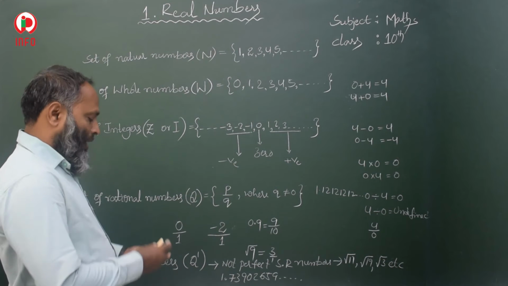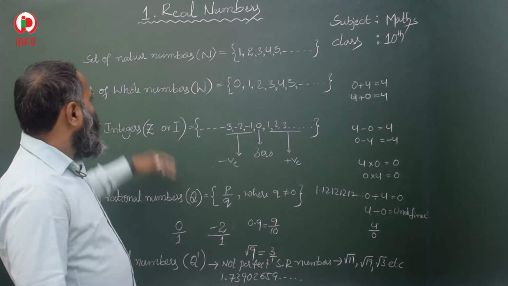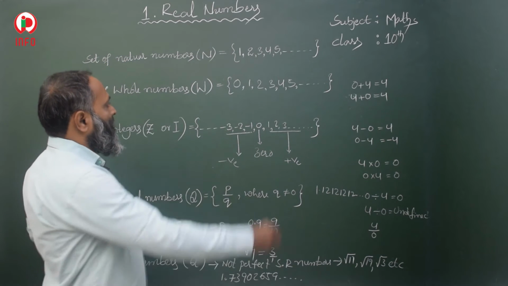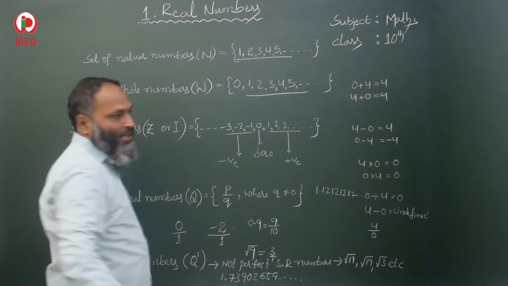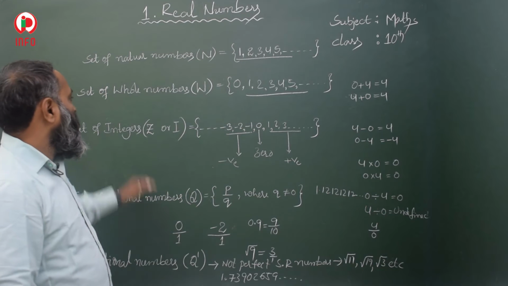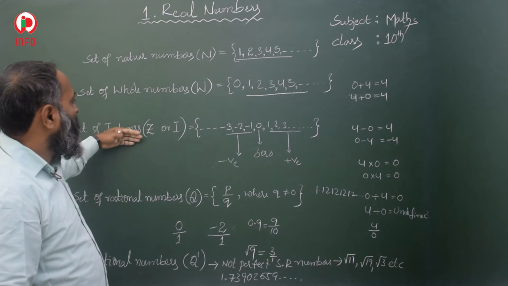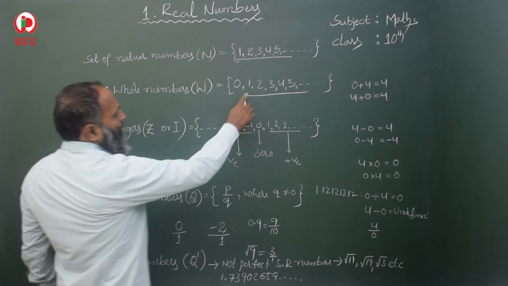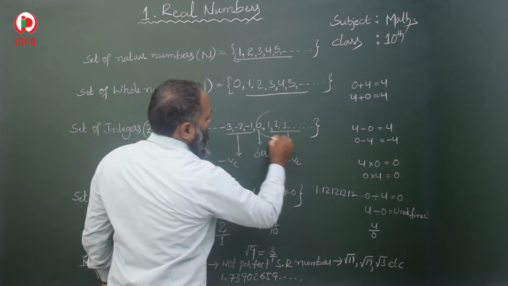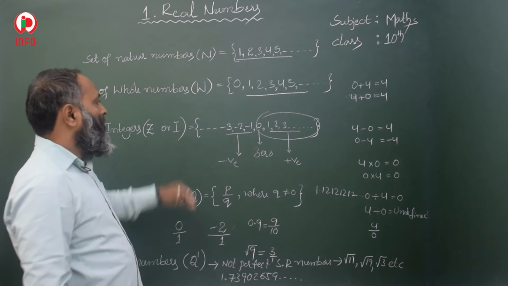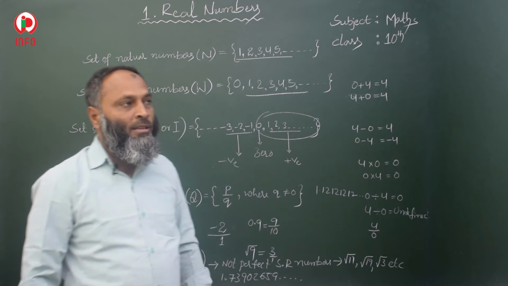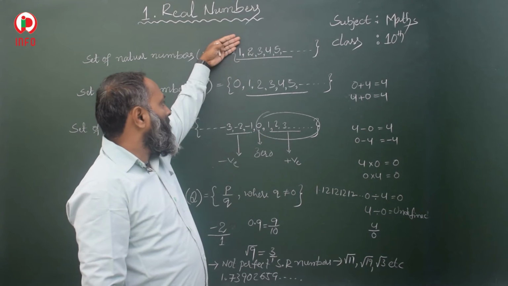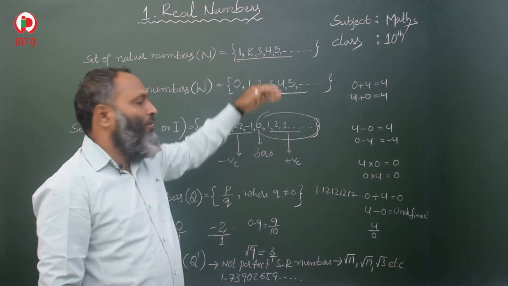See here, if we observe the set of natural numbers and set of whole numbers, here 1 2 3 4 5 are there, and 1 2 3 4 5 are there in the next set. In whole numbers and integers, in whole numbers 0 1 2 3 4 elements are there. Whatever elements are in the set of natural numbers, those elements are there in whole numbers.